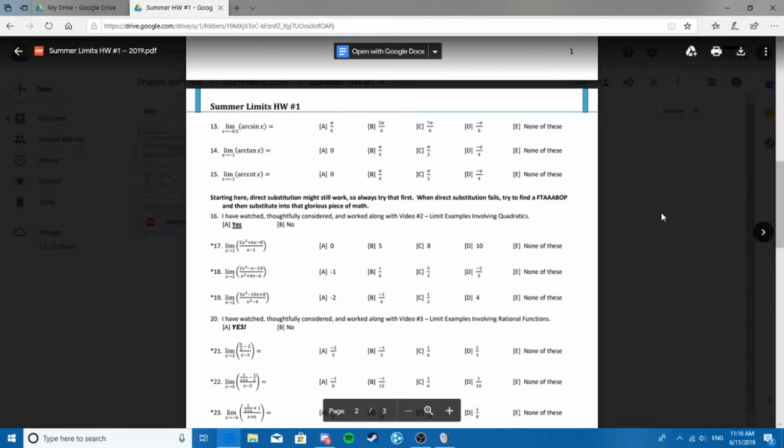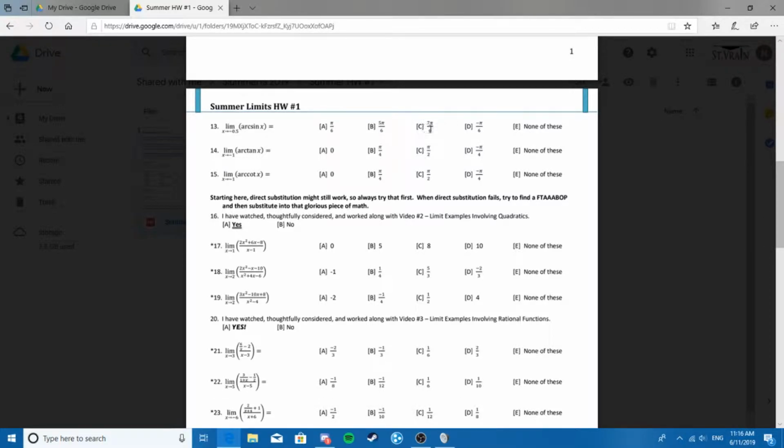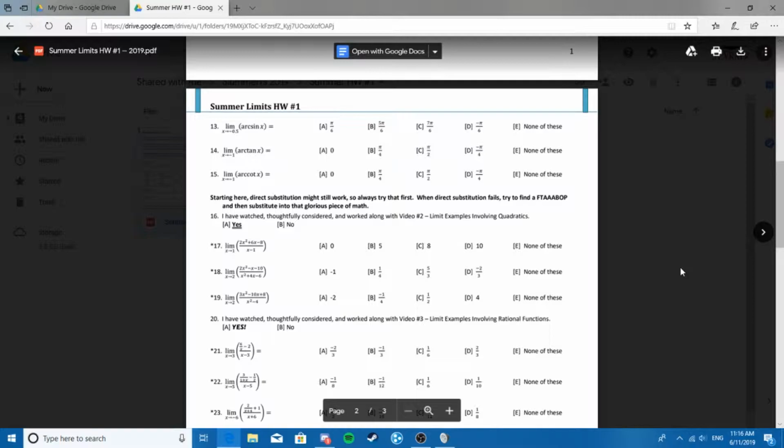Negative 1/2 of sine. Wait a minute. This is way out of the range. So we'd need to ignore B and C. Am I getting it backwards? No, I'm not getting it backwards. So pi over 6 and negative pi over 6 are the only ones in the range.